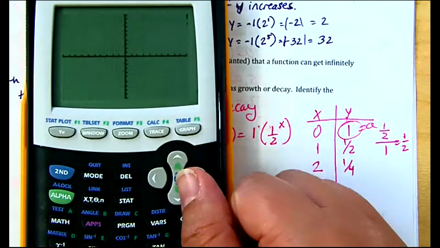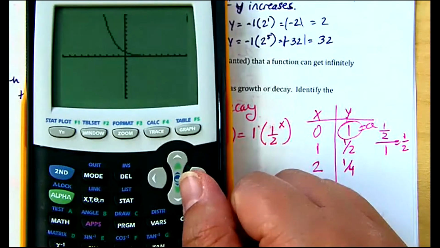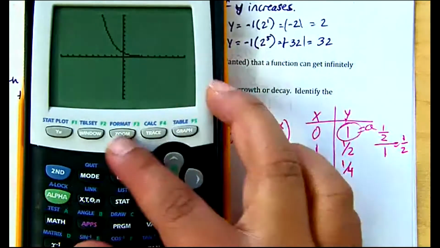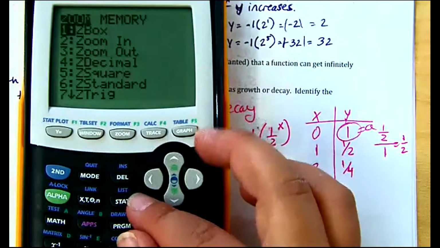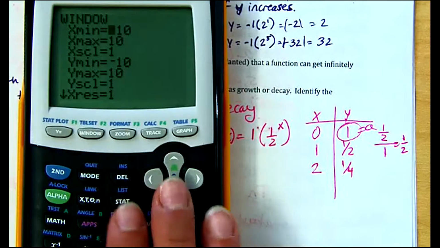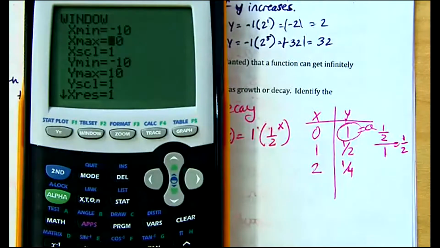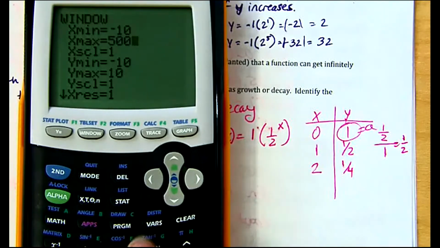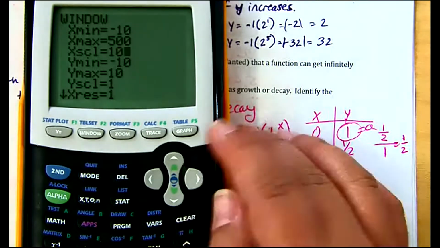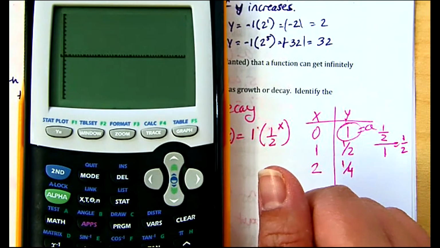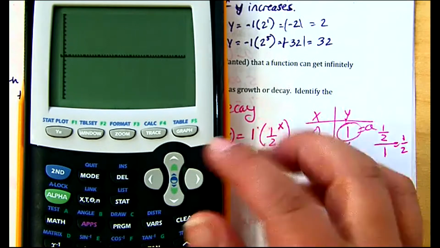But if I were to graph this, you see it skirt around the asymptote right there. If I were to change my window and put my X maximum up to 500, and let's say I was moving by tens so that it's not that crazy of a thing, look at this. Oh, I can't even see my graph.